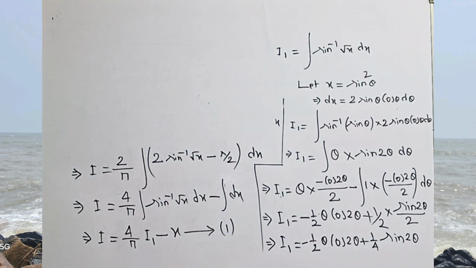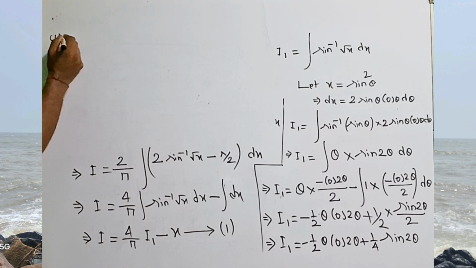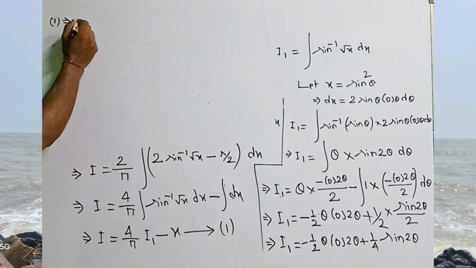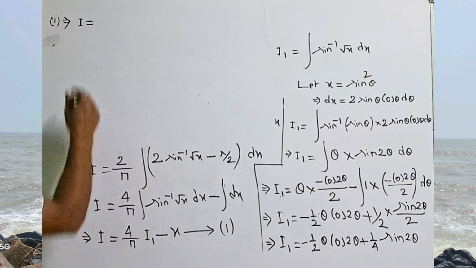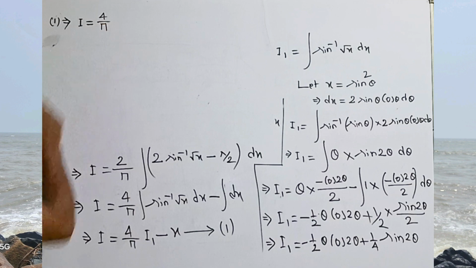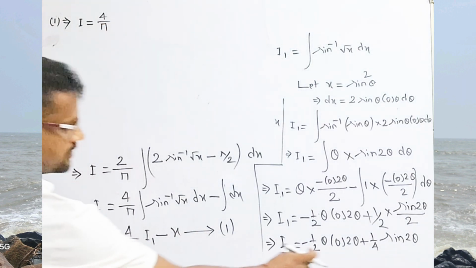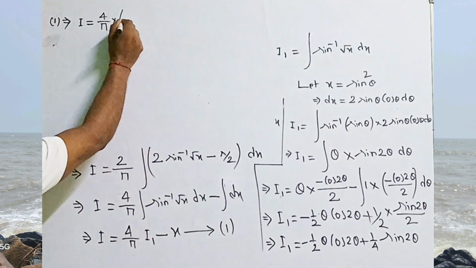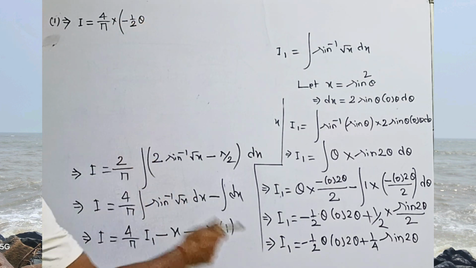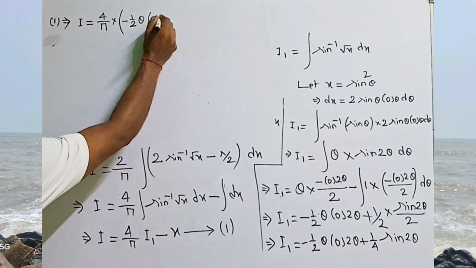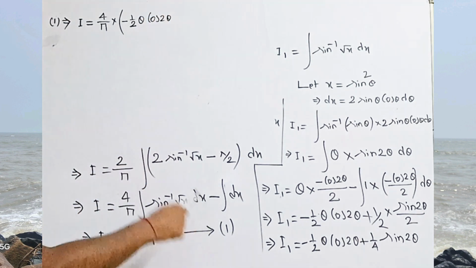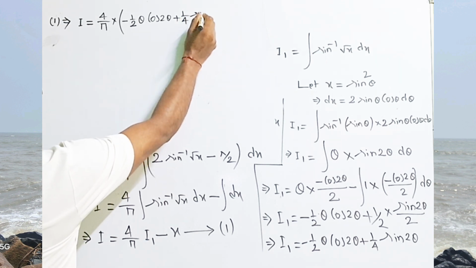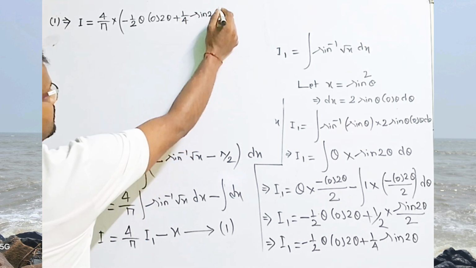Then I equals 4 by pi as it is, and I1 is this much, so better to use brackets: minus half of theta cos of twice theta, plus 1/4 of sine twice theta, this much.